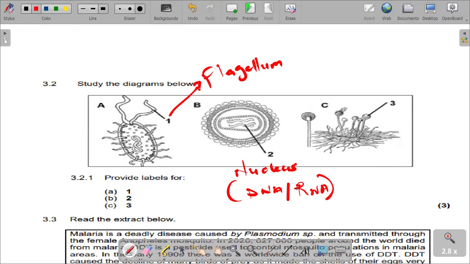And then 3 can actually be, this is a sporangium. These are the labels that we have given there, very correctly, and they are correct.